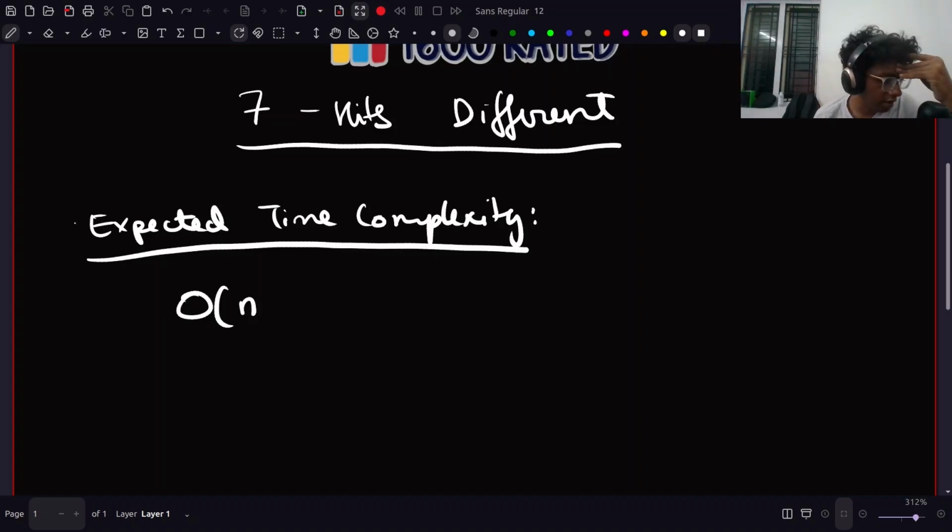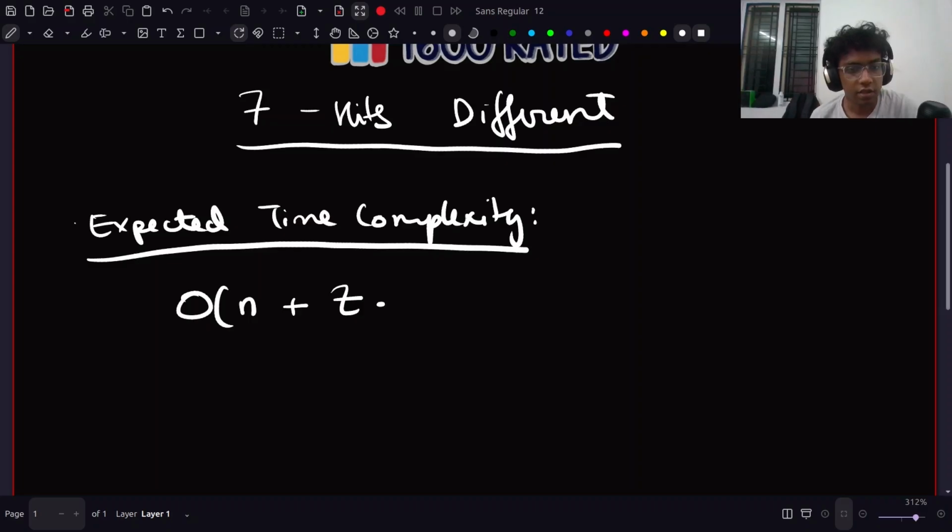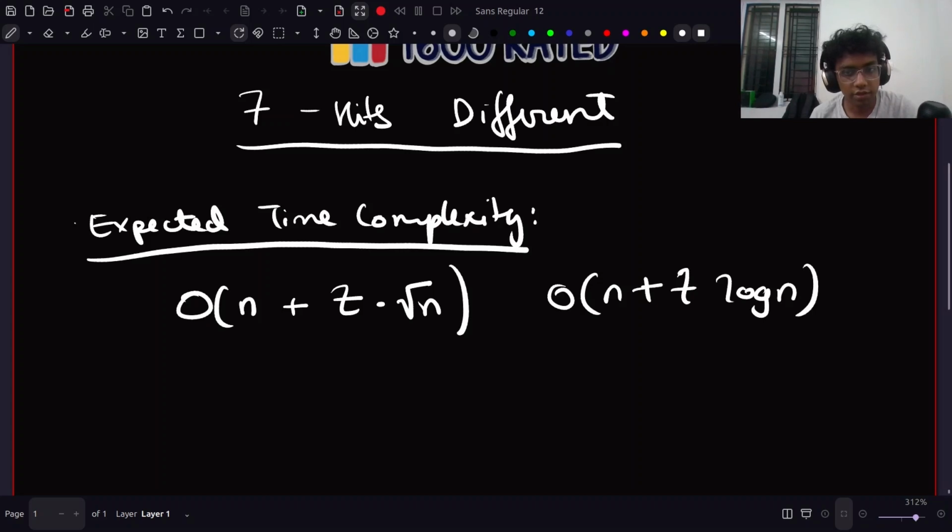The number of test cases will get counted, because the number of test cases is not independent of n right now. So at most, big O of n plus the number of test cases, for each of these 1000 test cases, maybe about root n, or big O of n plus t log n. Roughly this much.